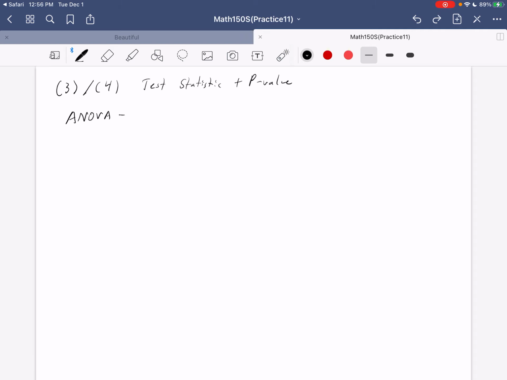So just to write that out, we go Stat, then Tests, and then we find ANOVA. It gives you a parenthesis already. Put in L1, comma, L2, comma, L3. Close up the parentheses. So let's do that. Stat, Tests, go to ANOVA, L1, comma, L2, comma, L3. Close up the parentheses and hit Enter.